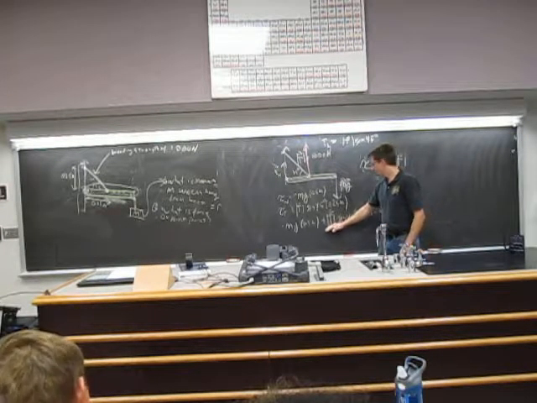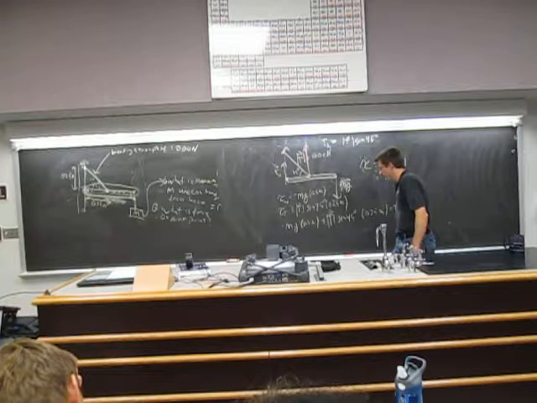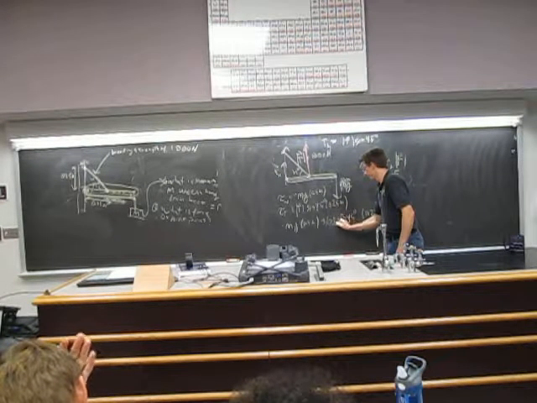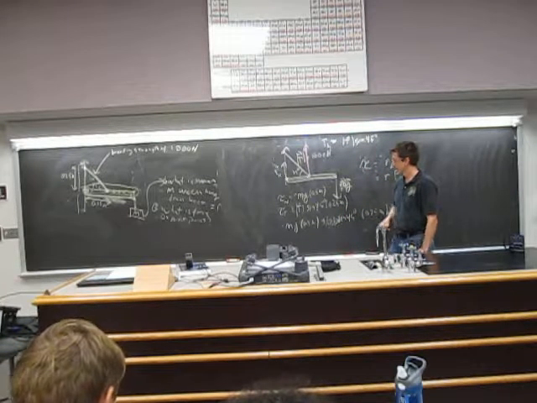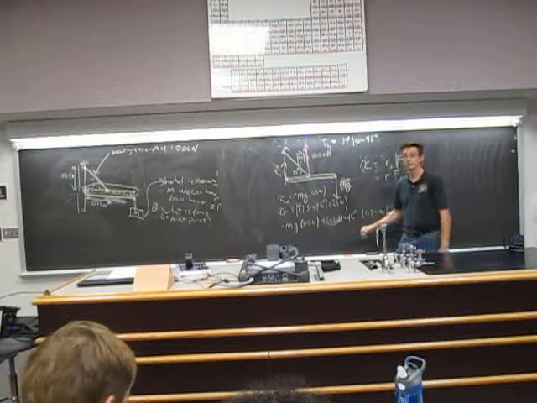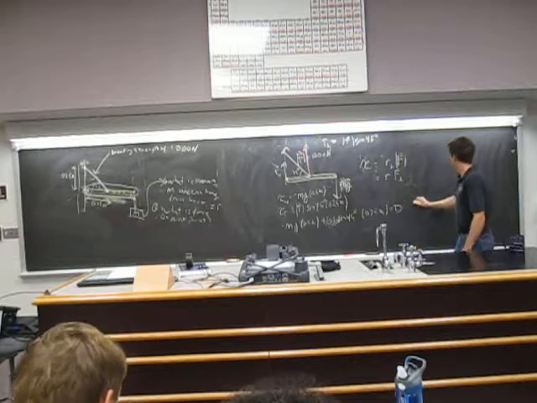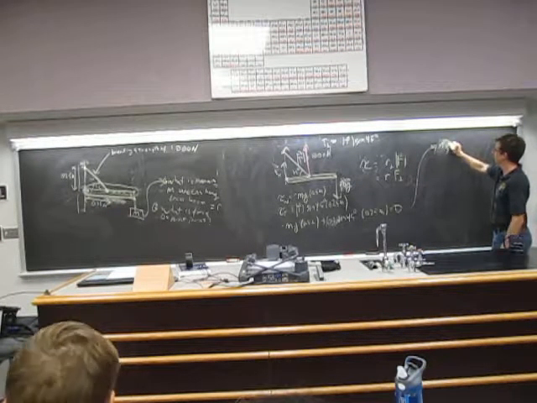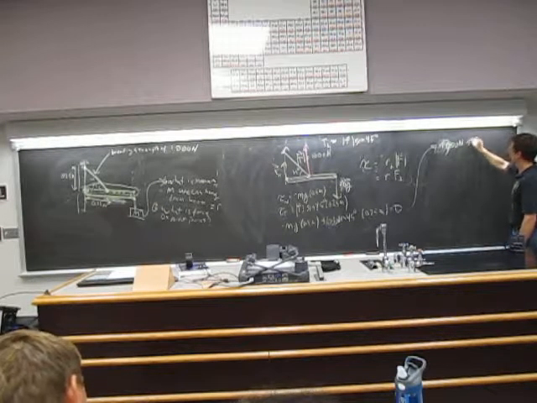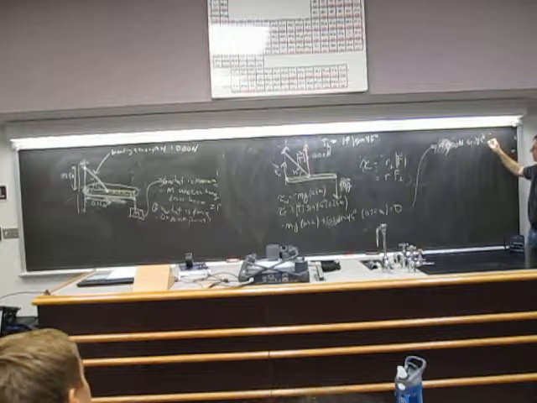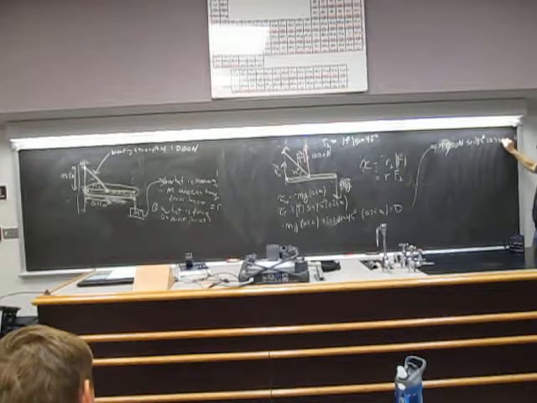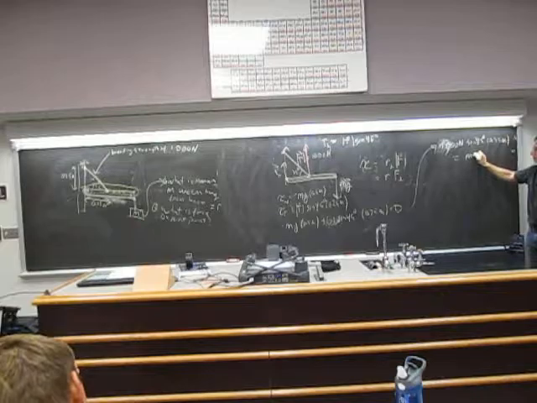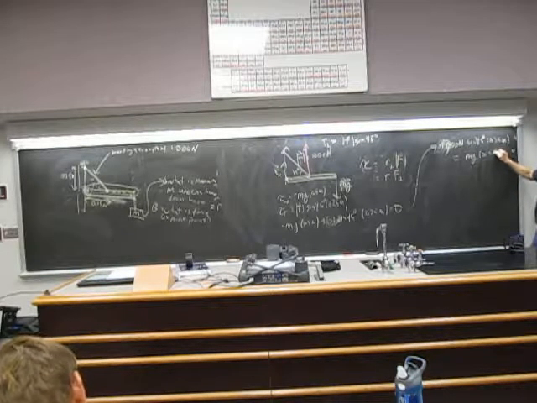And then I know I'm going to plug in 1,000 newtons here, and I want to solve for m. So I can write 1,000 newtons, sine of 45 degrees, times 0.25 meters is equal to mg times 0.5 meters.